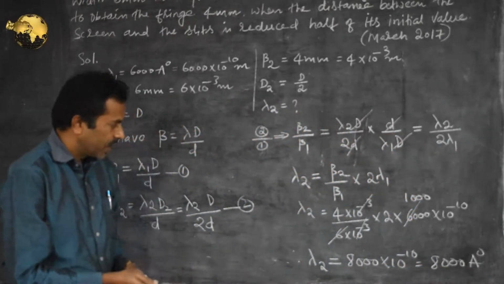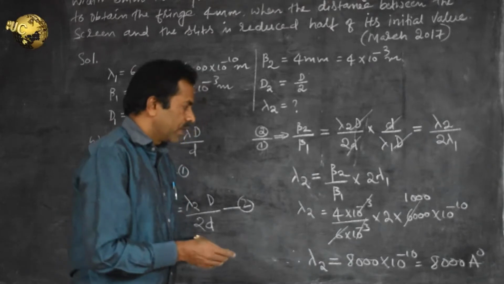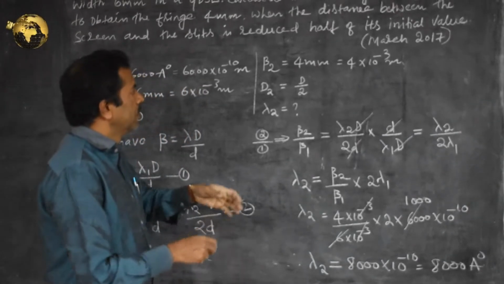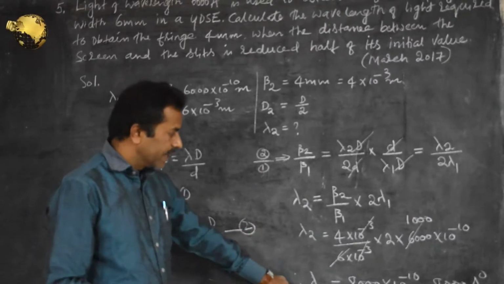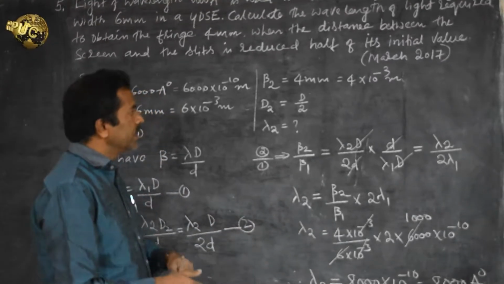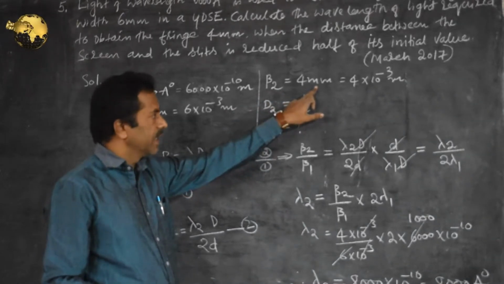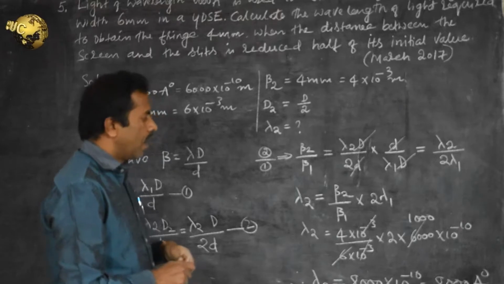So this is the wavelength. This wavelength of light, 8000 angstrom, is required to produce the fringe width of 4 millimeter when the distance between the screen and the slit is reduced by half.